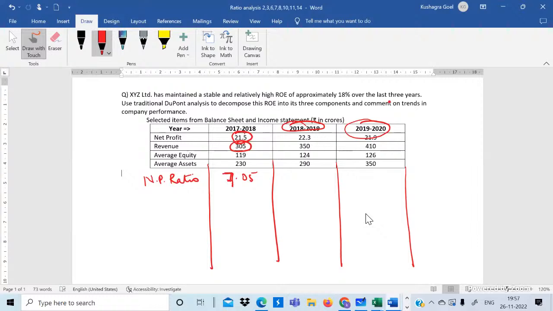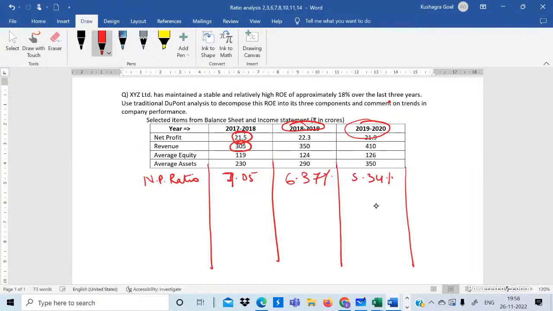So for 18-19, how much are you getting? 8.92 or 6.37. I've got two answers. Take 22.3 divided by 350. 6.37. Okay, so I'll go with 6.37. And then similarly for 19-20, take 21.9 divided by 410. So okay, you're getting 5.34.